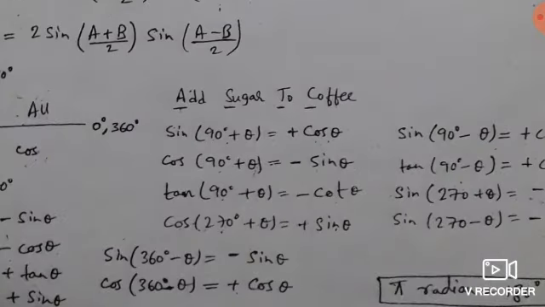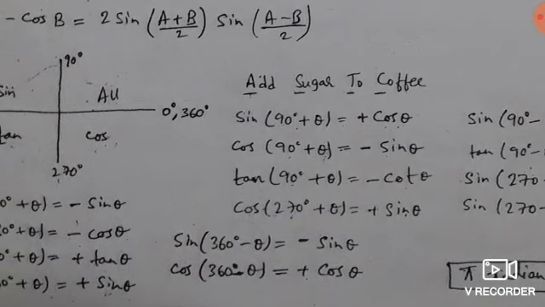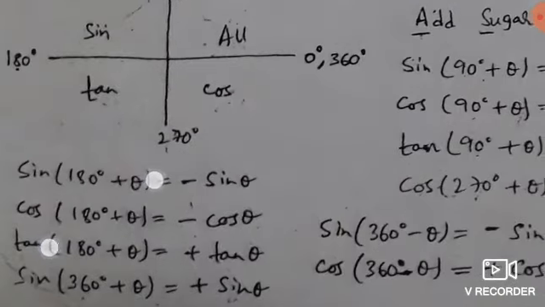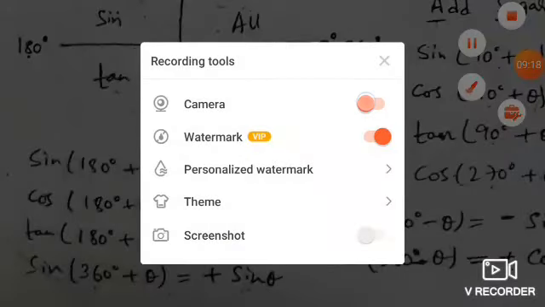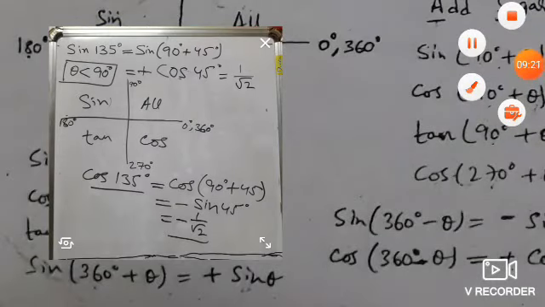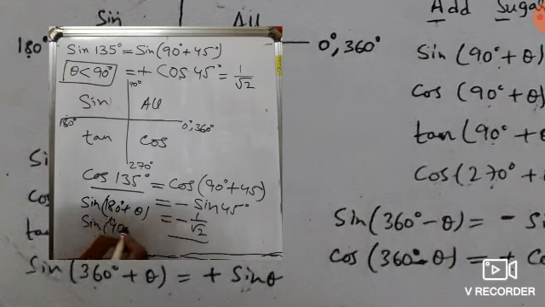You can see here tan to cot for 90 degree and 270 degree, that is 90 into 1 and 90 into 3, odd multiples of 90. But for even multiples of 90, sine 180 degree plus theta means sine of 90 into 2 plus theta.